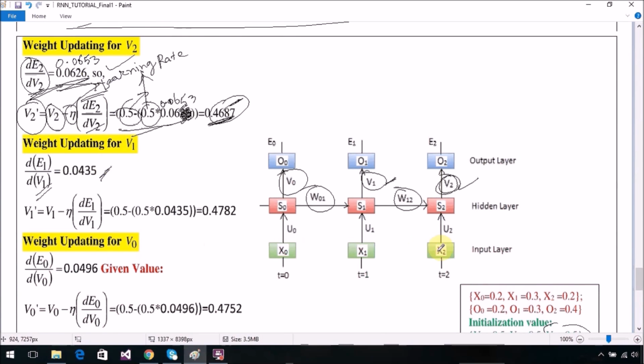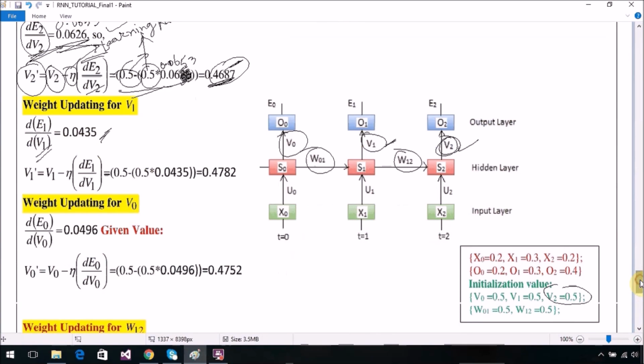We have the old value of V1 as 0.5. Learning rate is 0.5 that we already took, and we put these values here, and by taking the calculation we have 0.4782. So the new weight of V1 is 0.4782.